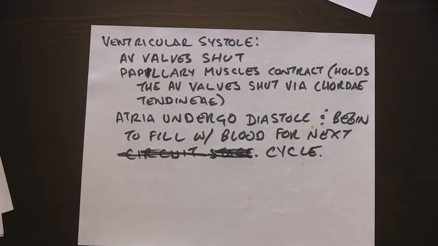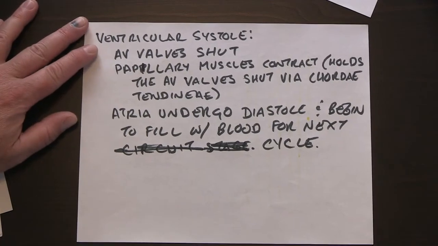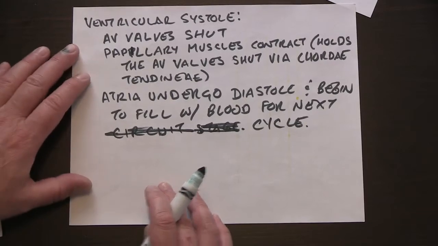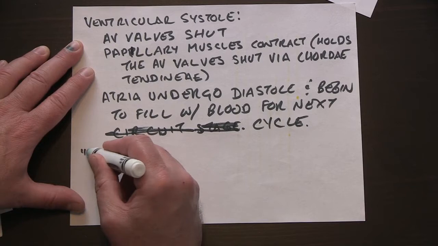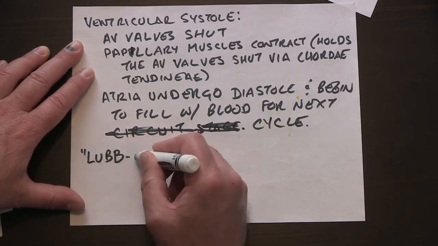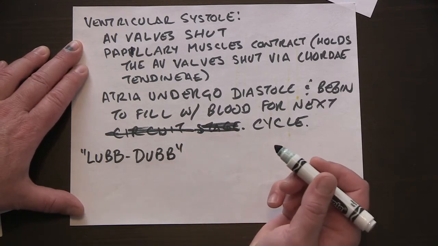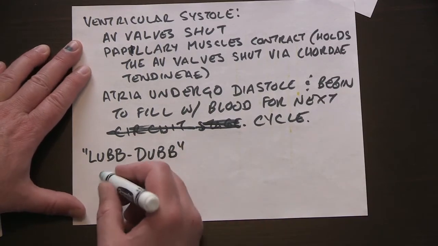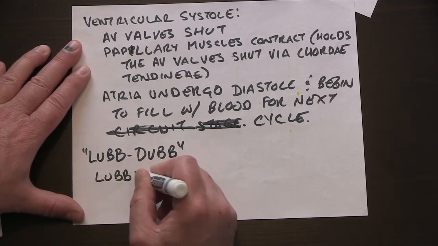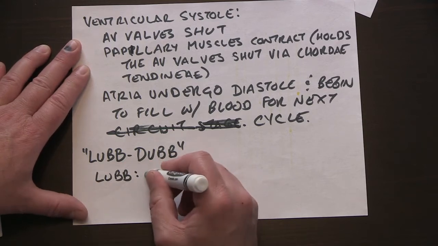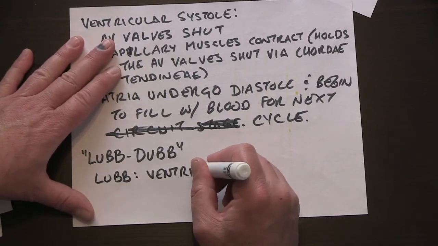Physiologists have come up with the most ridiculous sounding name for the sounds that the heart makes during the cardiac cycle. They call it lub-dub. The lub part, the first bump that you hear, is ventricular systole.